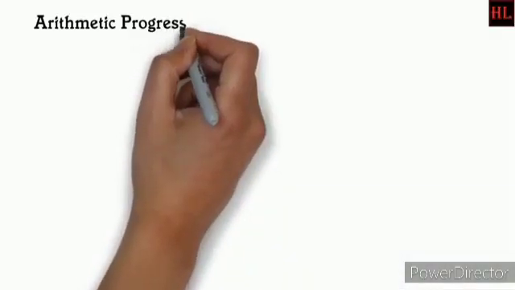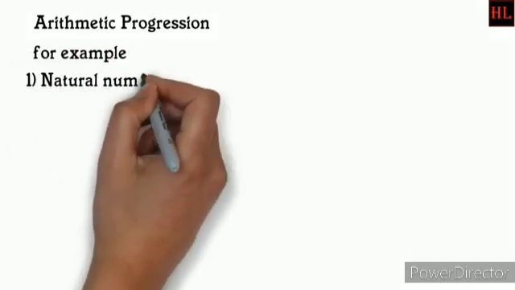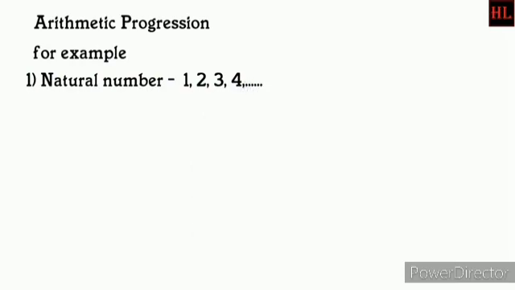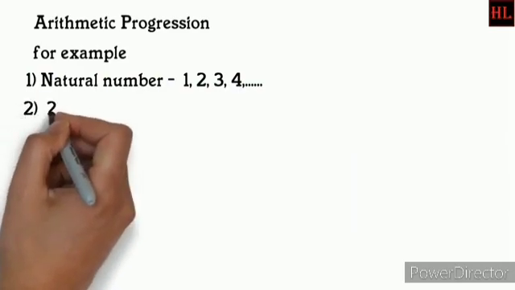And in the third example, the common difference is 0. Let us learn more detail about the arithmetic progression. You know that it is a list of numbers obtaining each number from the preceding number by adding a fixed number. That is the common difference. You know that, children. For example, natural numbers 1, 2, 3, 4, and so on. Here which is the constant number you are going to add? Yes, that is 1.